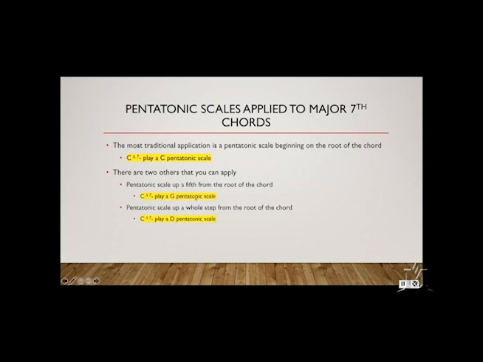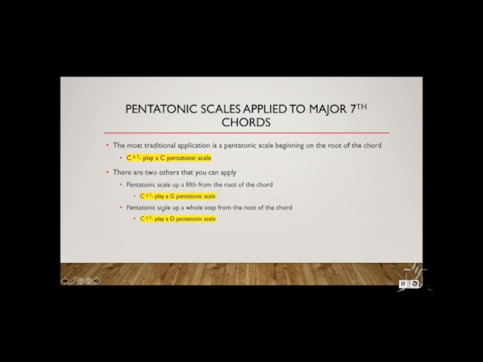One is a pentatonic scale beginning on a fifth from the root of the chord. So if you see a C major 7, you would play G pentatonic. You also can apply a pentatonic scale up a whole step from the root of the chord.